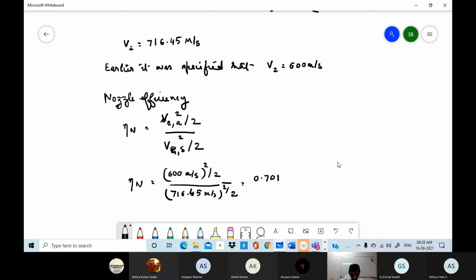So then our actual expansion gave us a velocity different from the isentropic expansion.